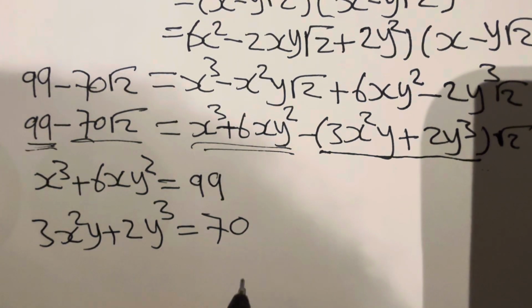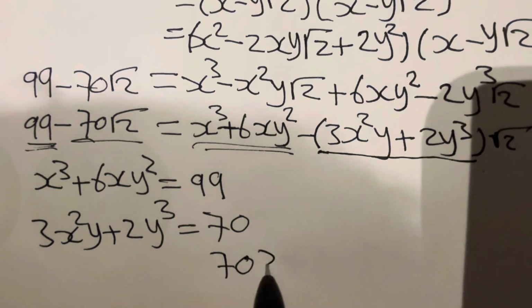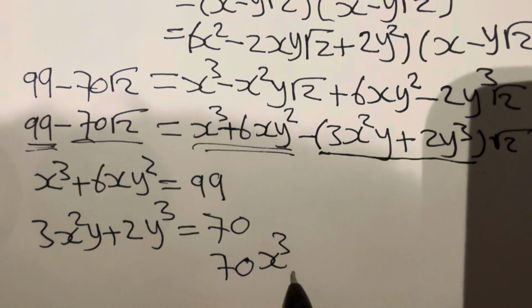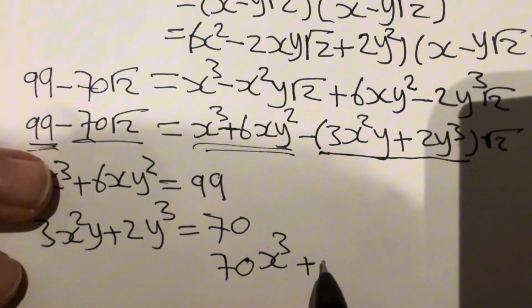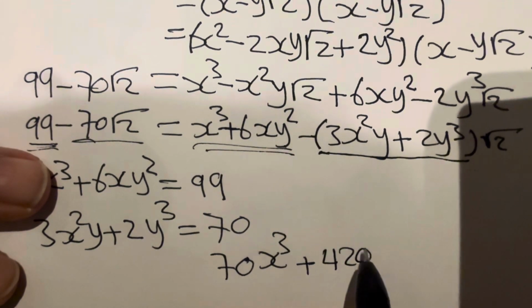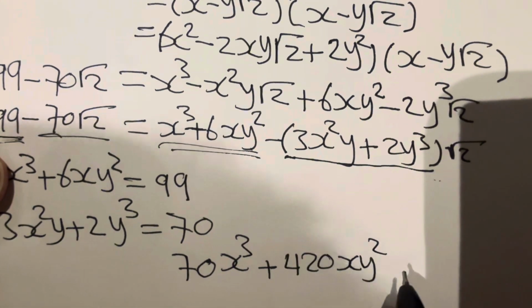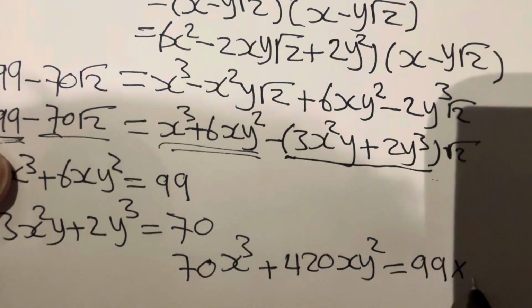we get 70 x cubed plus 420 xy squared equals 99 times 70.